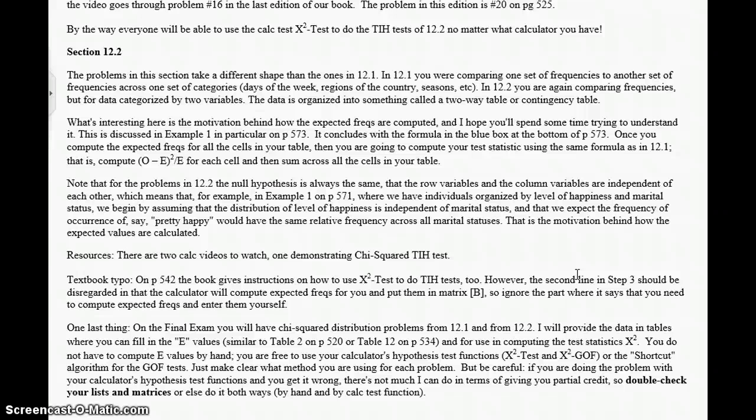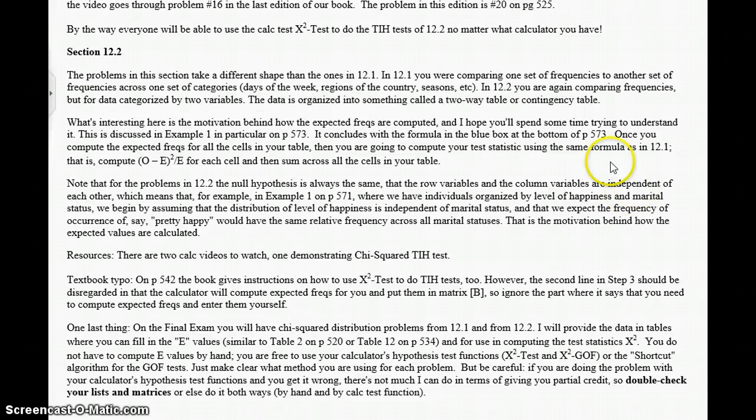We're going to put our information into matrix A. It figures out what to put in matrix B and loads it in the calculator. So make sure that you watch that calculator video to see how that's done. You might want to call it a typo, because we don't have to enter the expected frequencies into matrix B thanks to everything that the calculator does for us these days.